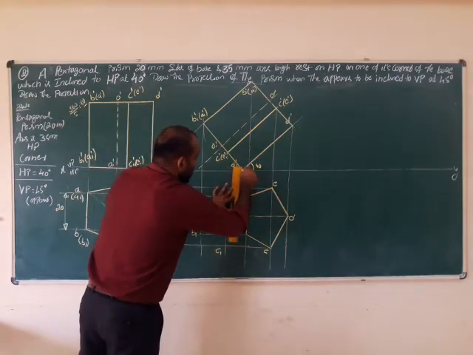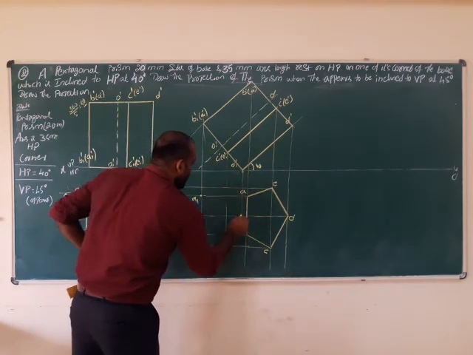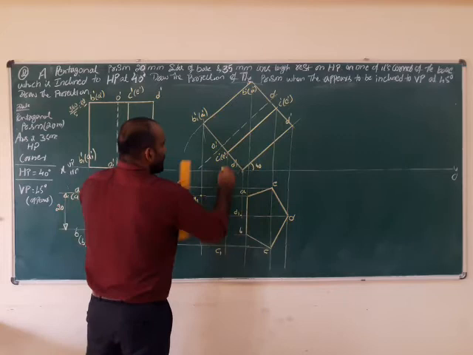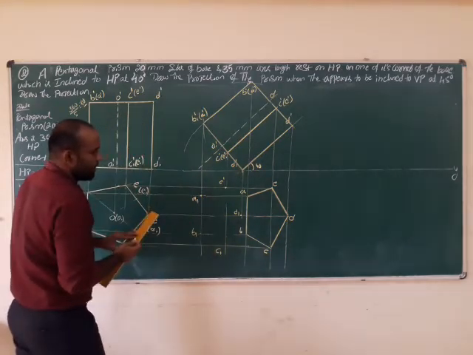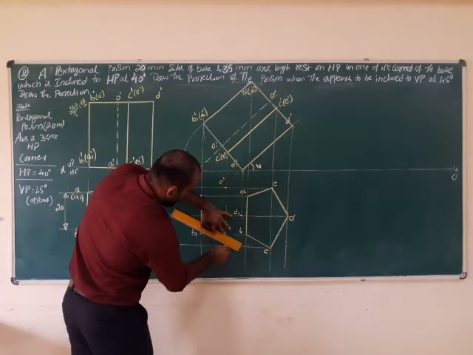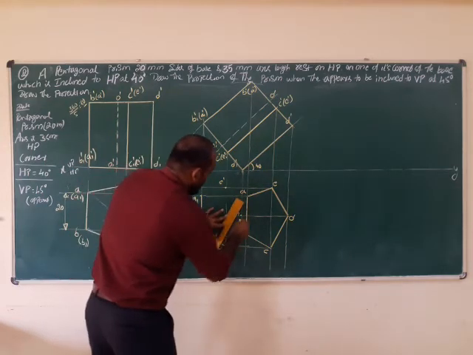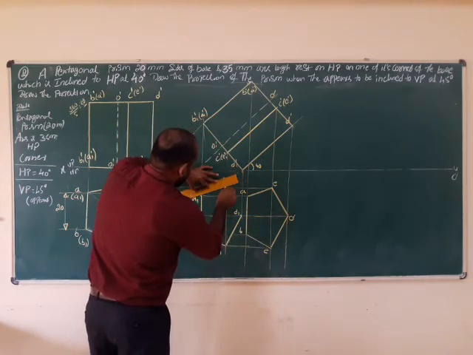Same D1 need to project. That part is called D1. Next E1. That part is called E1. Now we have to join A into C into E into F.